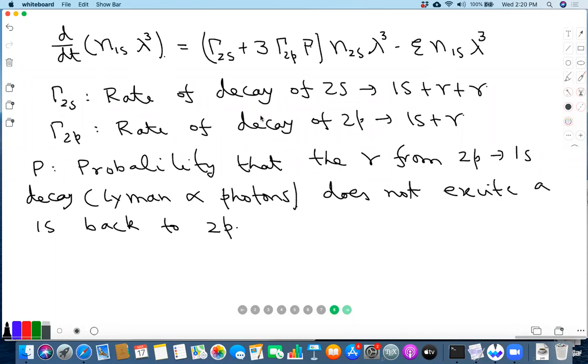Then you don't gain anything, right? So that's why you multiply by this probability p that this doesn't happen. So this we can call the survival probability of the gamma, that it doesn't get hit by a 1s atom and get absorbed and raise the 1s to 2p.